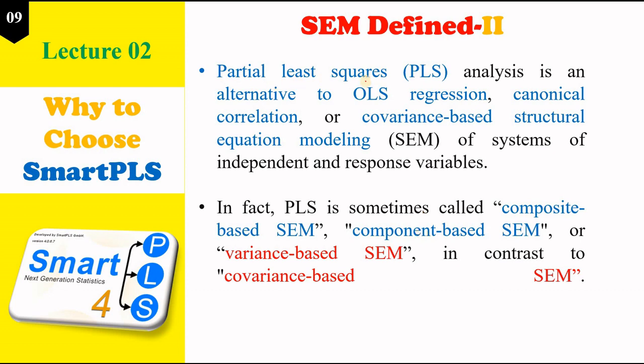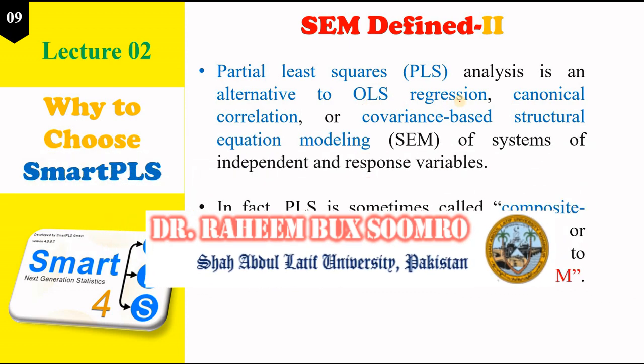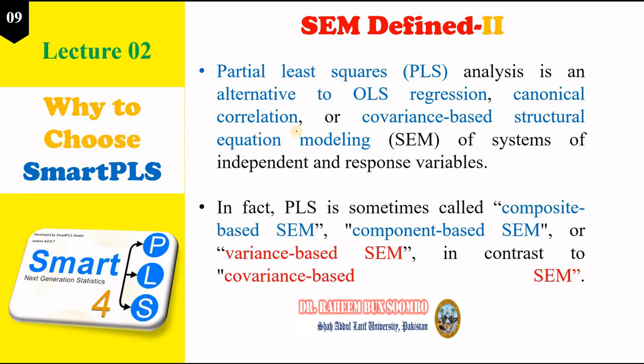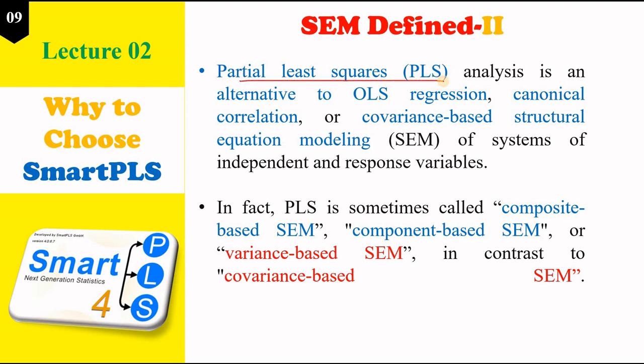And then partial least square analysis is an alternative to OLS, ordinary least square regression. And canonical correlation are variance-based structural equation modeling. Earlier, I told you that there are two approaches. One is the CB-SEM, covariance-based structural equation modeling, and another is the VB-SEM, variance-based structural equation modeling. So partial least square is basically from the variance-based structural equation modeling, which is the alternative of the OLS.